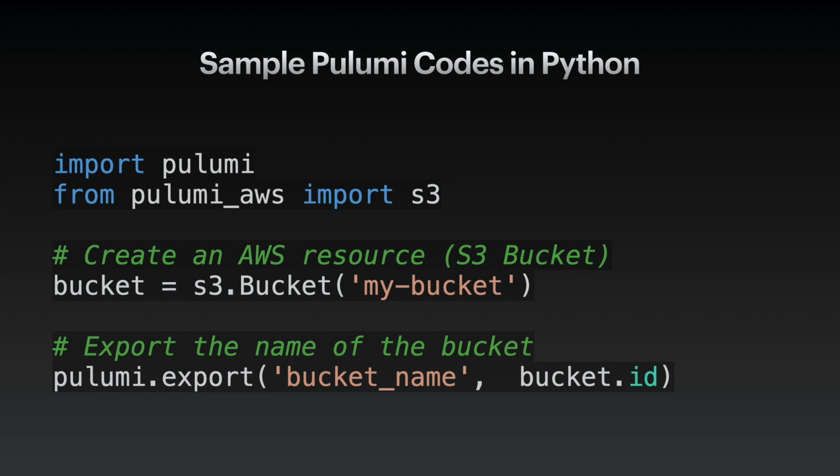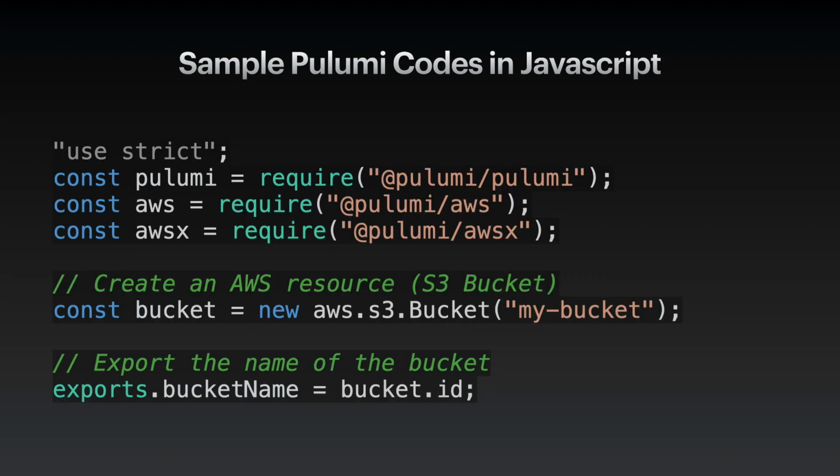For example, to create a new S3 bucket in AWS, you can write Pulumi code in Python like this. But you can also write Pulumi code in JavaScript like this. Because Pulumi can be configured in various programming languages, this feature can have a few benefits.